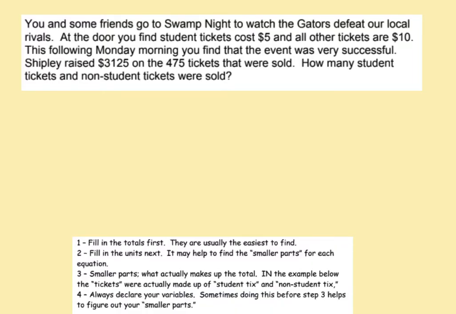And number one says fill in the totals first because they are the easiest to find. So I know I'm going to have two equations, so I'm going to set my equal signs up right away. And my first total is right here, 3125, and my second total is 475.